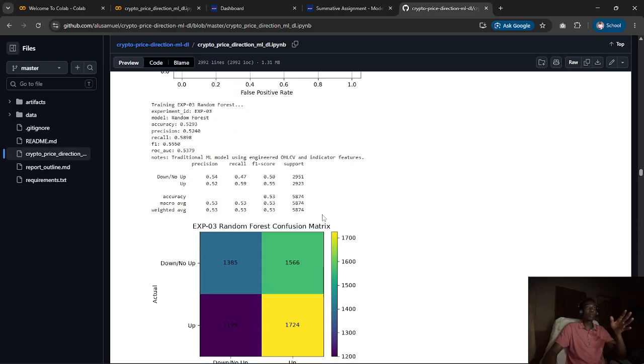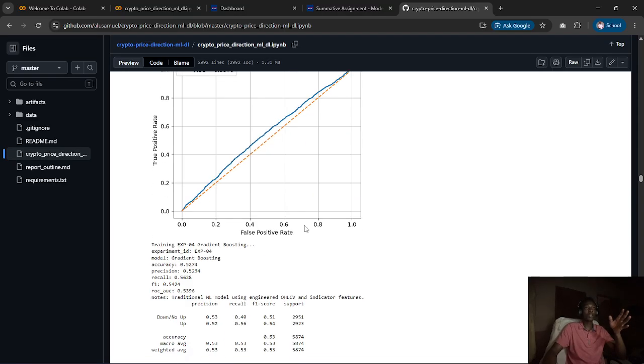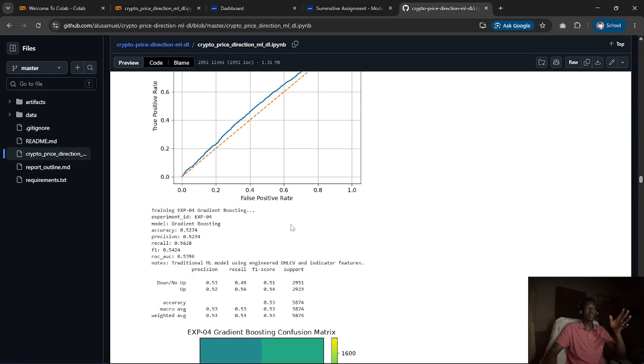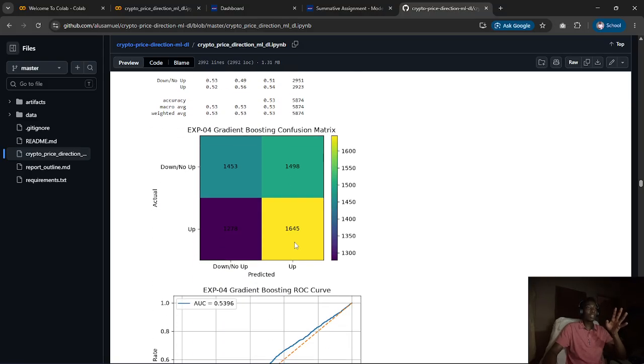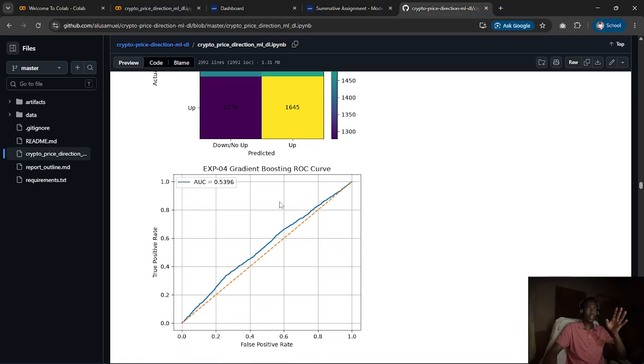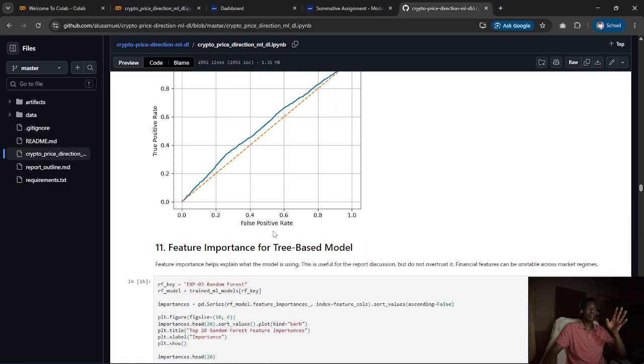And if we go to the random forest, which is experiment 3, we see the confusion matrix, and we also see the ROC curve of this random forest. And experiment 4 is the gradient boosting. In the gradient boosting, we also see this chart, and we will see this ROC curve right here, which shows the false positive rate and the true positive rate.